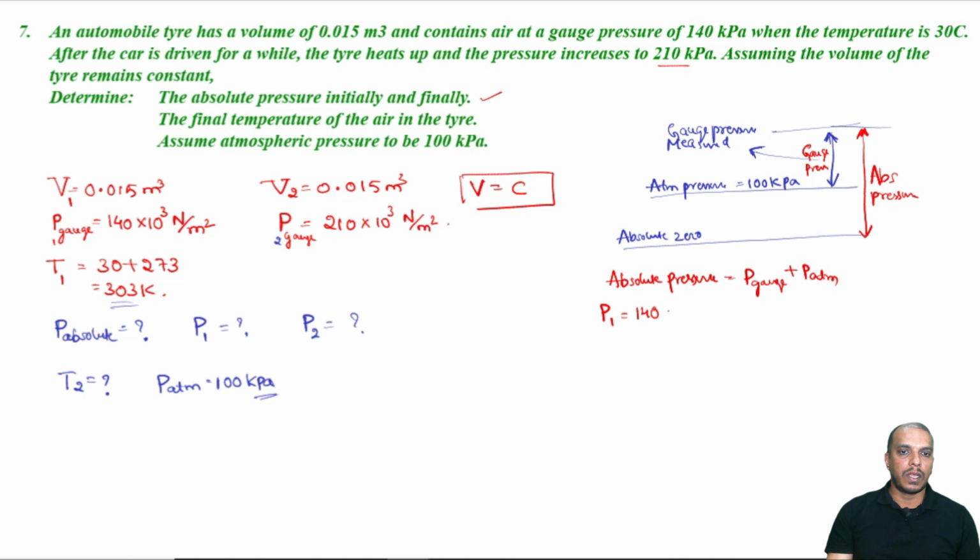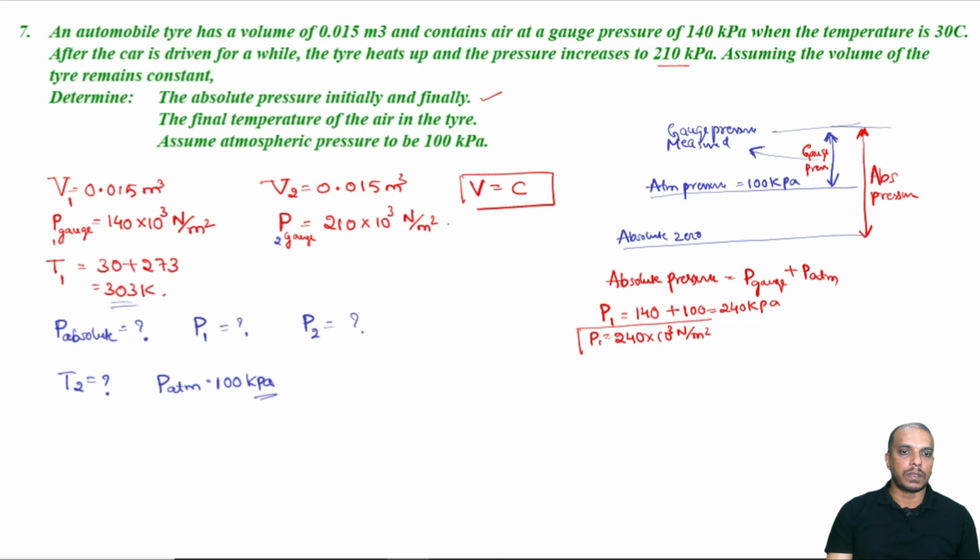For P1, gauge pressure is 140 kilopascal and atmospheric pressure is 100 kilopascal. I am adding in kilopascal only, then later I will convert it into pascal. So 140 plus 100 is 240 kilopascal. So initial pressure is 240 into 10 power 3 Newton per meter square.